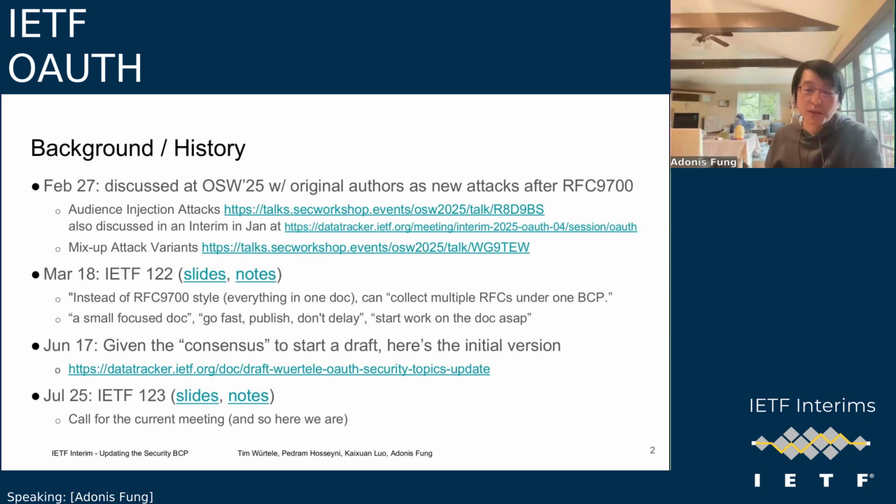We are perfectly open to the title of this new RFC or new draft. And lastly, it was discussed during the July 25th meeting, and we have some updates over there. In that meeting, the outcome was that we want to have a more in-depth meeting, and here we are.